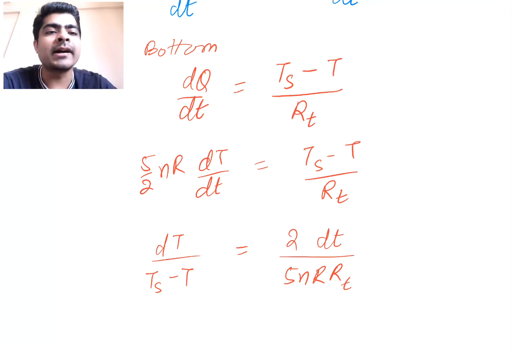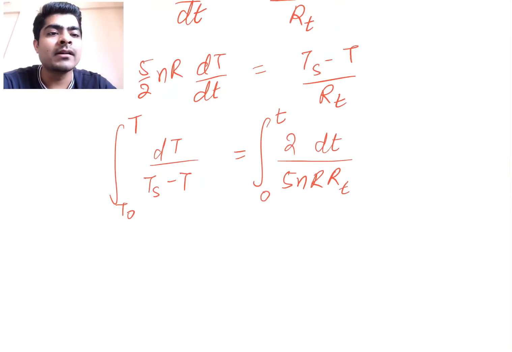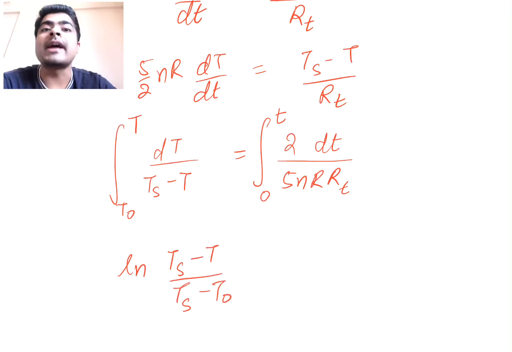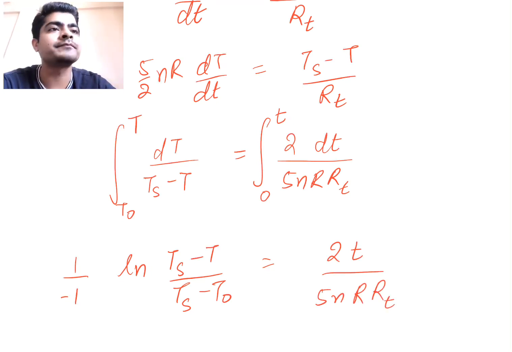Again we have to integrate. So at time 0, initial temperature is T0. At time t, final temperature is T. Then on the left hand side we will get logarithm of Ts minus T upon Ts minus T0, and we need to divide by the coefficient of T. This will be equal to, on the RHS, 2t divided by 5nR RT.